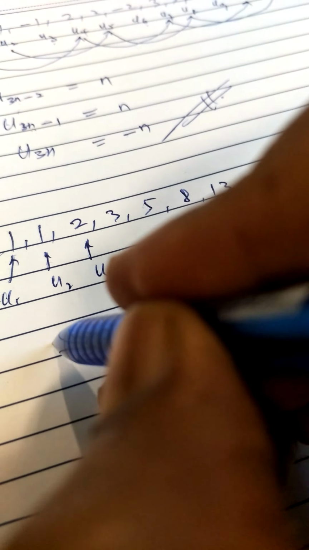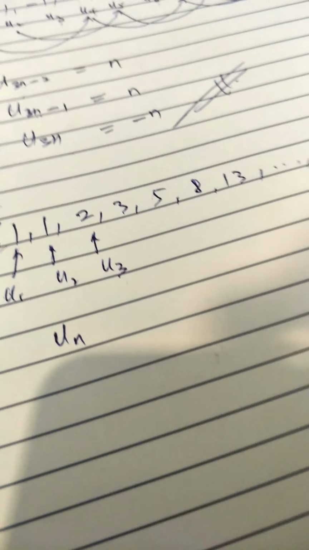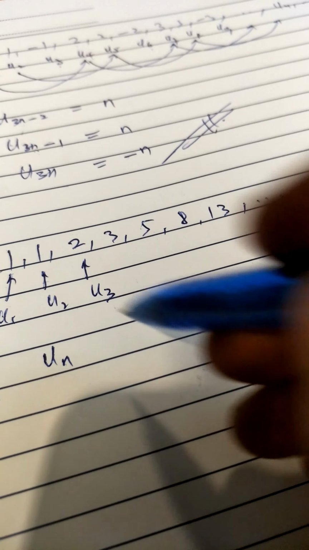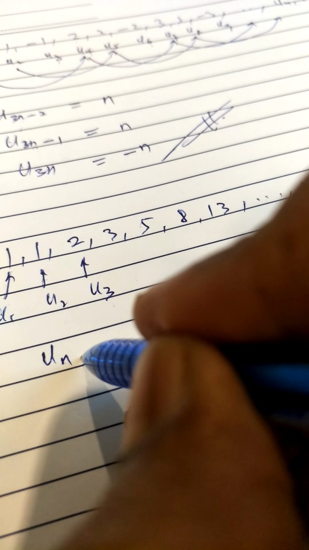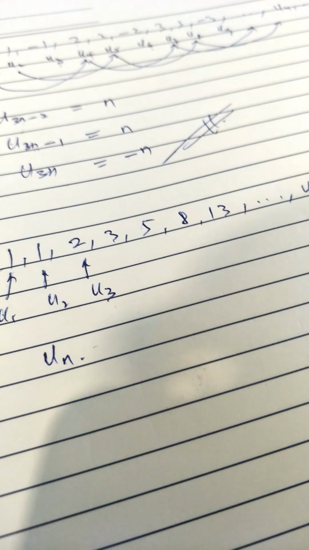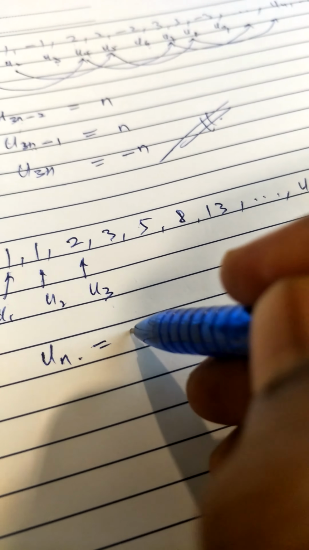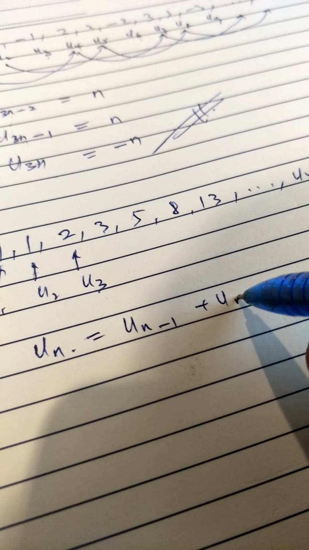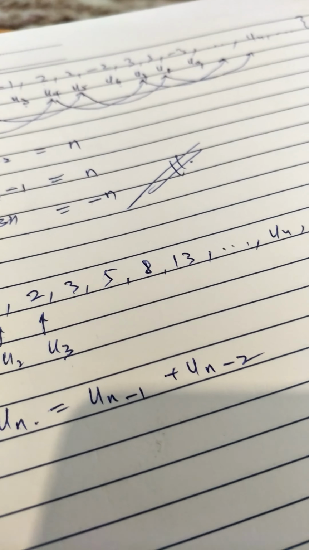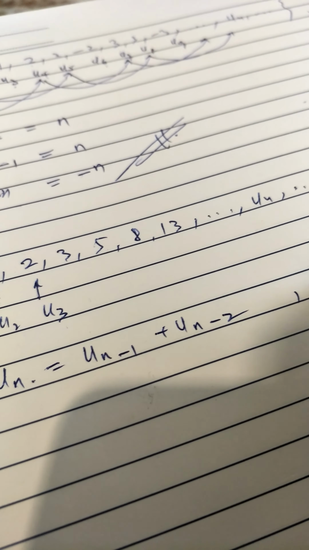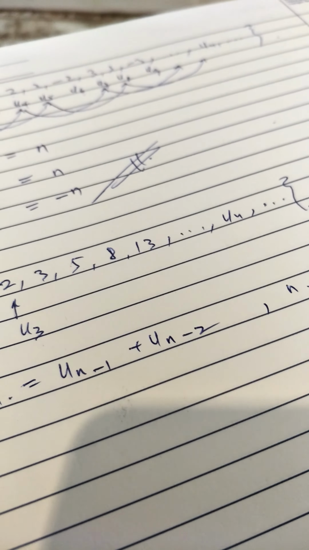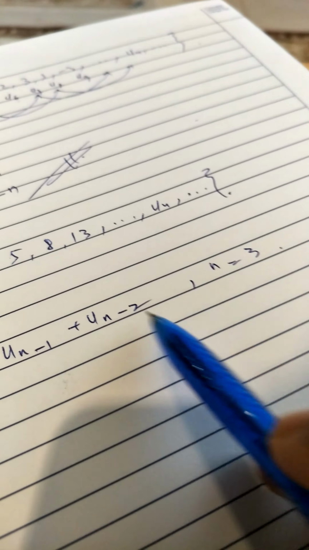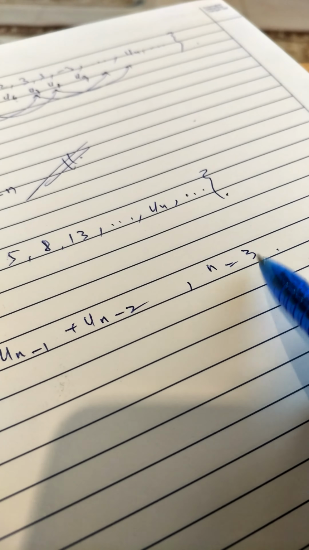So it is obvious from here that un is equal to un minus 1 plus un minus 2. You can do this, but your n must begin from 3, because if n begin from 1, you got n minus 2, you don't have u minus 2.